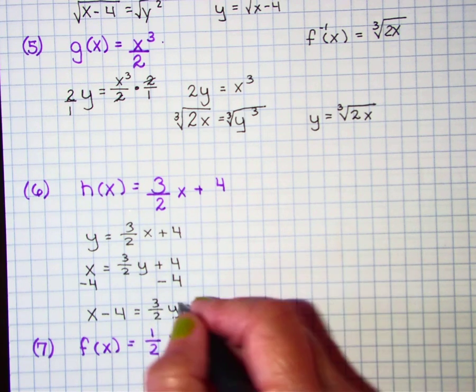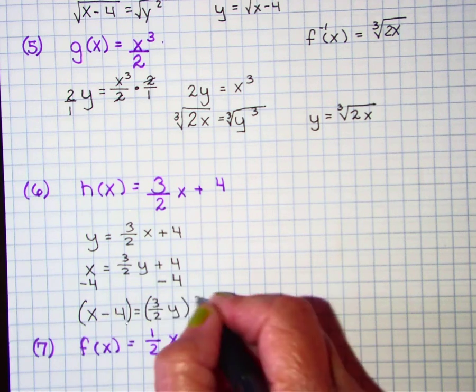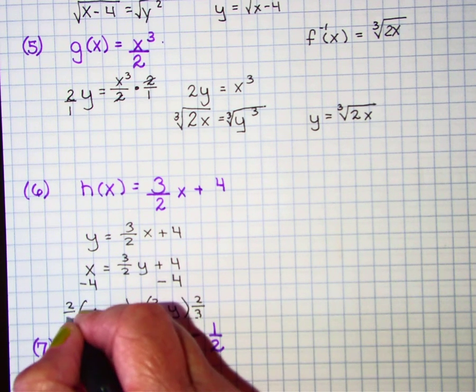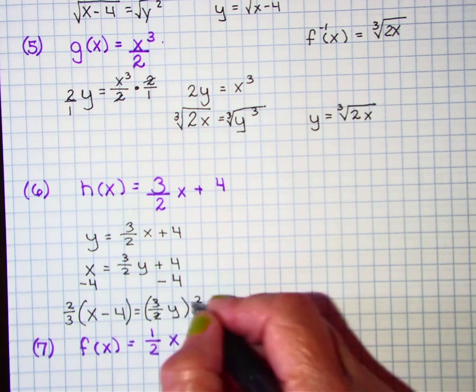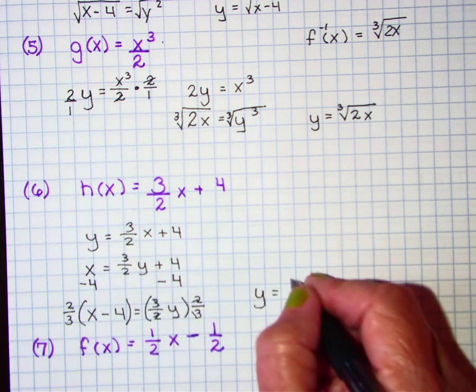When I have a fraction that I need to get rid of, all I have to do is multiply it by its inverse. So I'll multiply that by 2/3. I'll multiply this side by 2/3. And what I get, these will cancel, so I'll just have y equals 2/3 x.